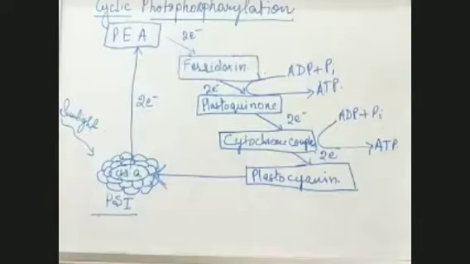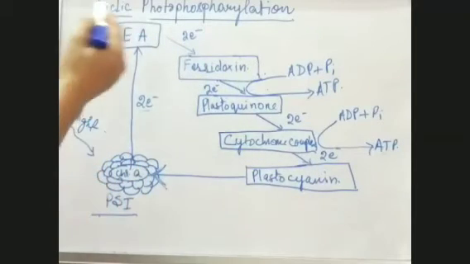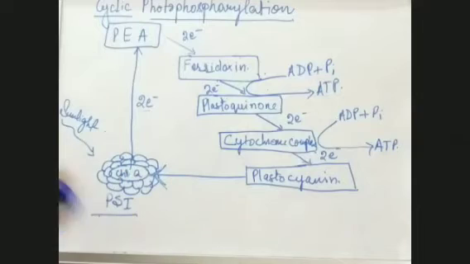So there is no photolysis of water. There is no need of supplying electrons from any external source, because the same electron is passing in a cyclic manner and coming back to the reaction center.